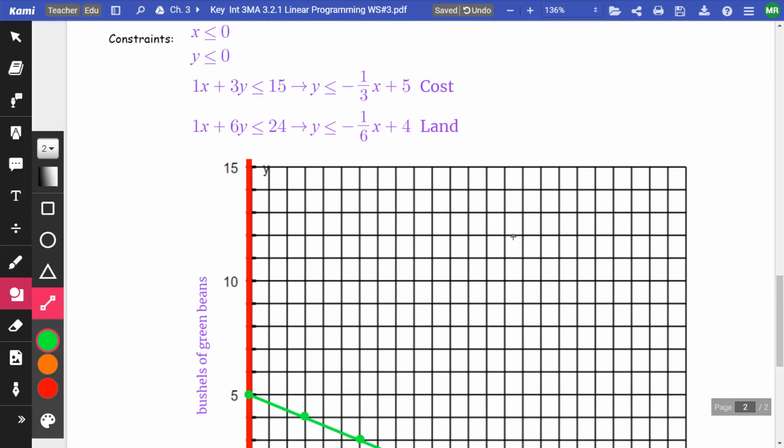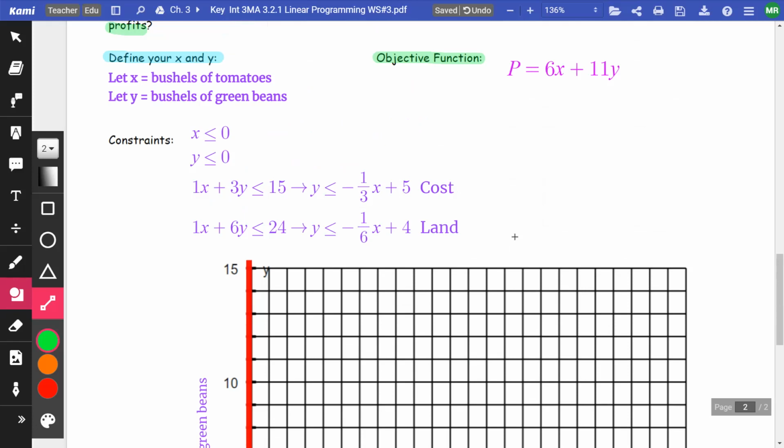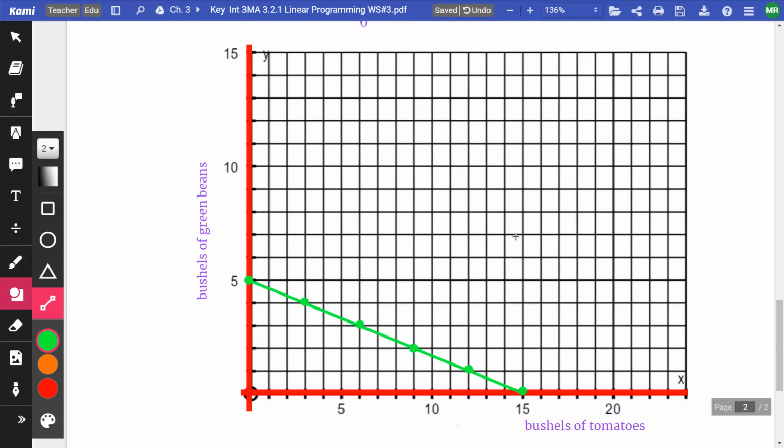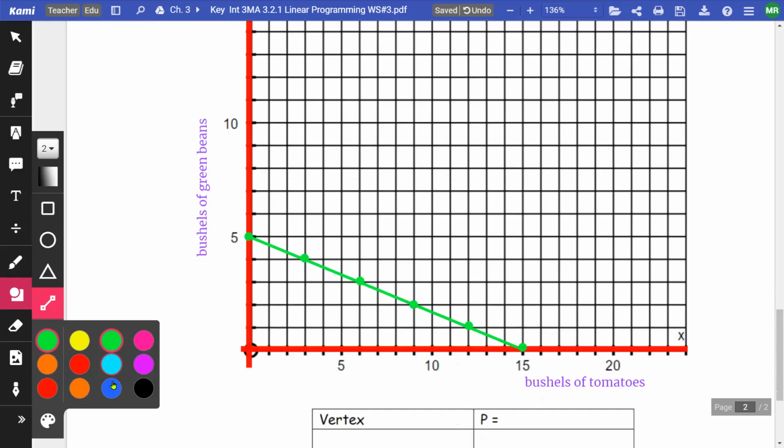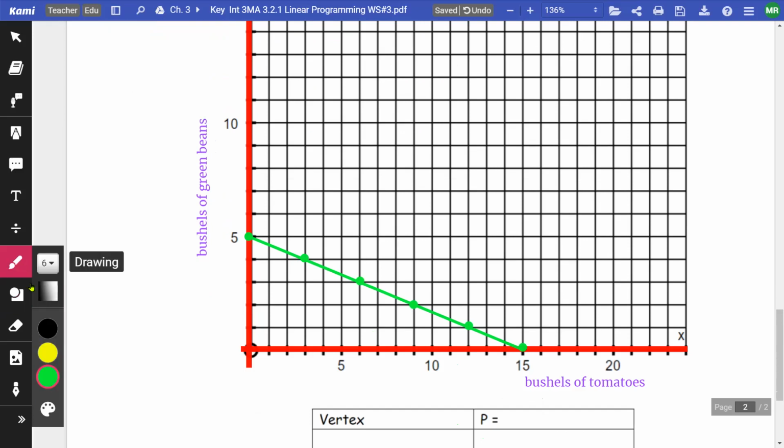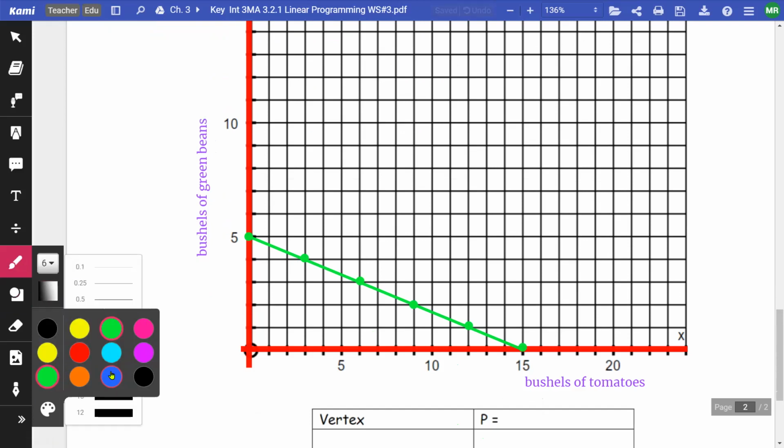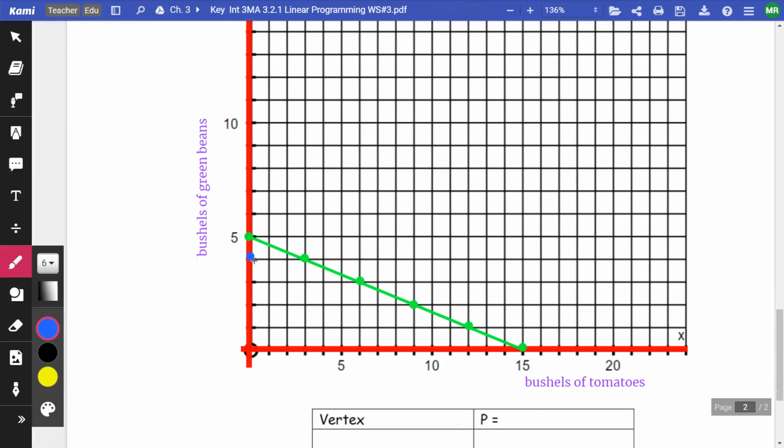Then I'm going to graph the other one, which is going to start at 4 and go down 1/6. I'm going to start at 4 and go down 1, 2, 3, 4, 5, 6.